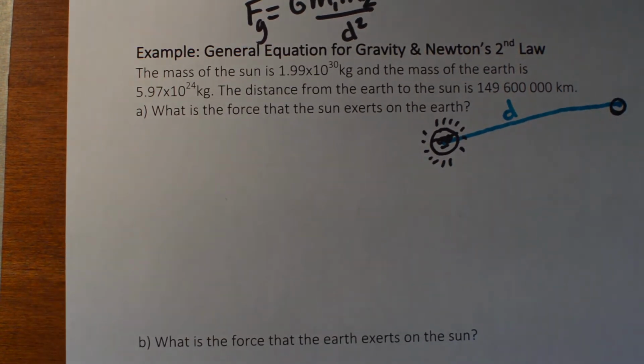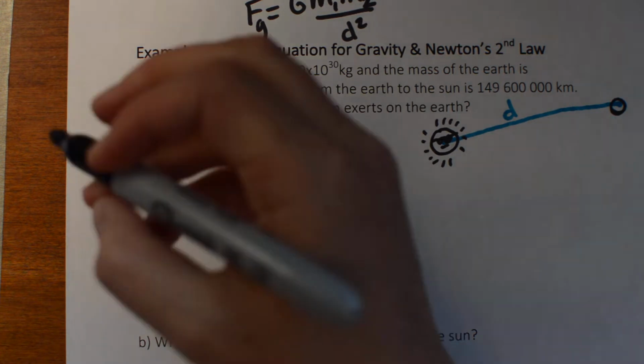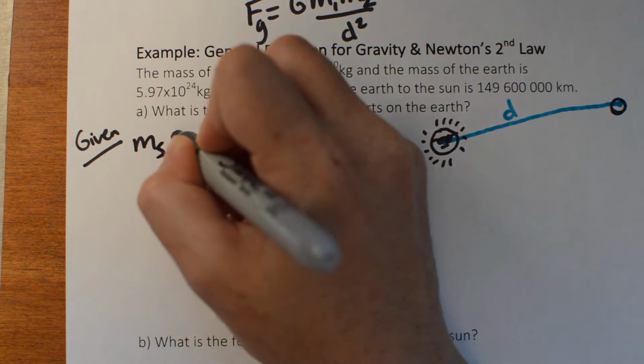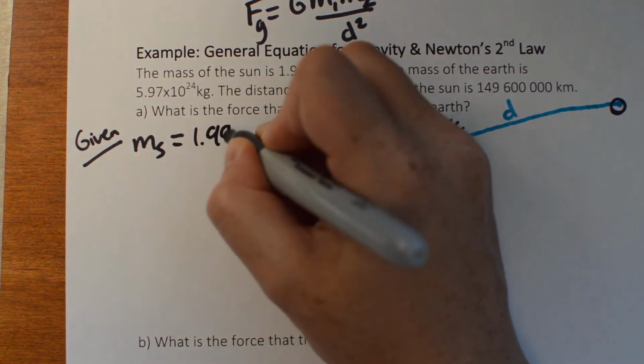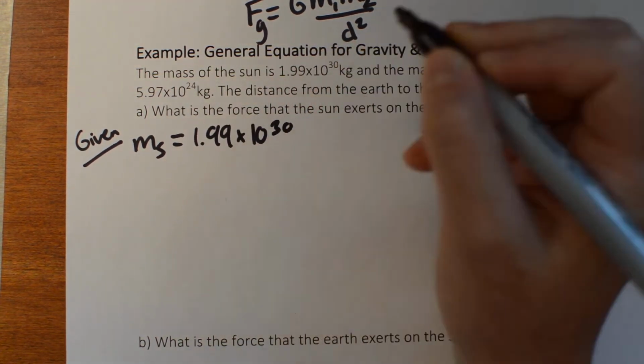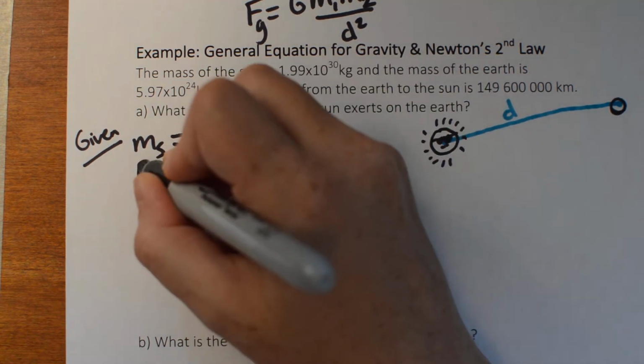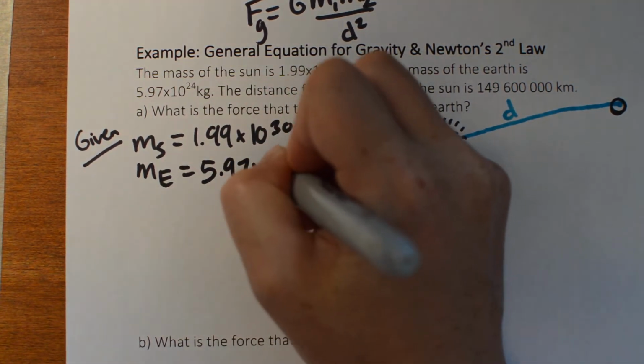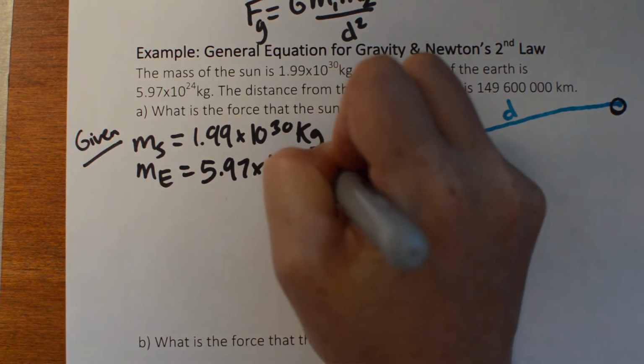Let's write down what we know about the sun and the Earth here. So our given information, I know the mass of the sun is 1.99 times 10 to the 30 kilograms. I know the mass of the Earth is 5.97 times 10 to the 24 kilograms.